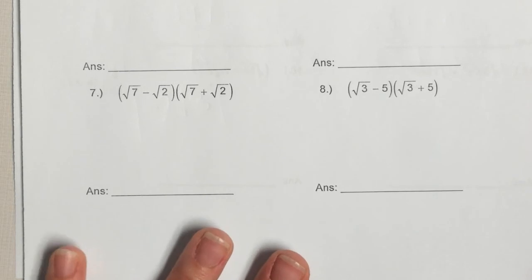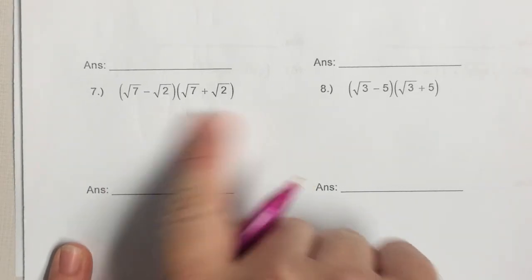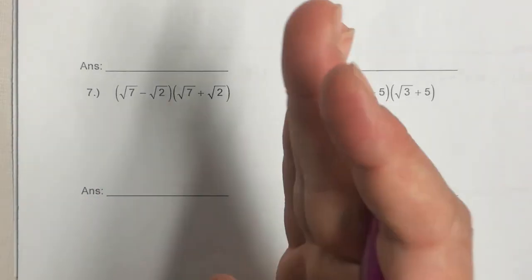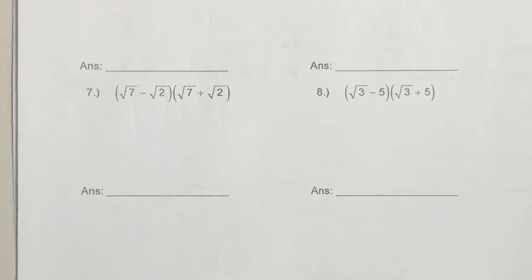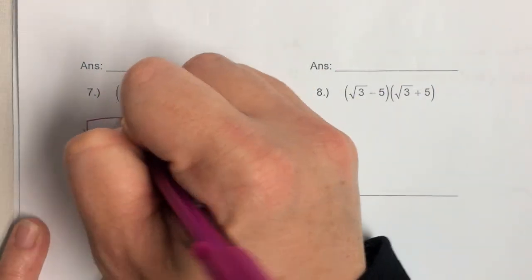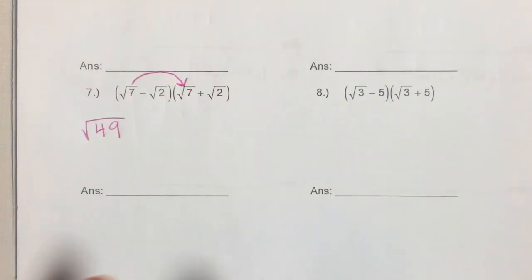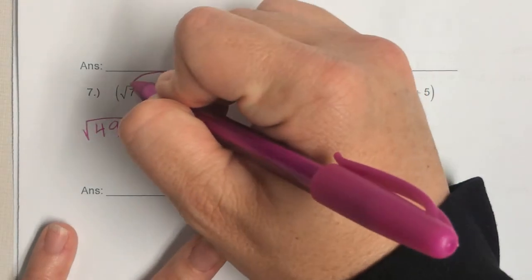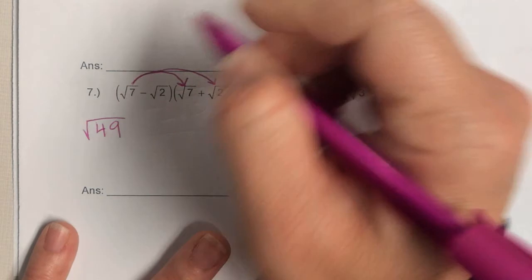Okay, again, we're going to double distribute. Well, what do you notice about these two? Yeah, they're exactly the same except one's negative, one's positive. Okay? So we are going to multiply. What's 7 times 7? Now, a positive times a positive is a positive.